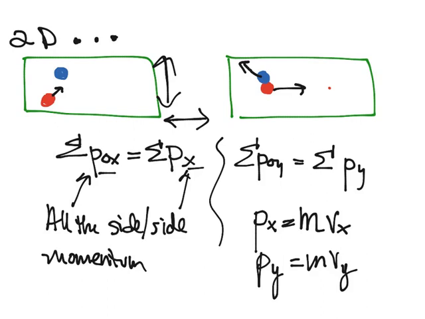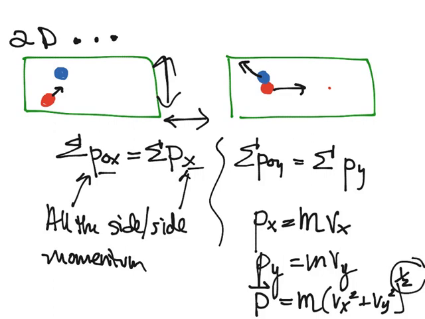Then the total momentum of a single object, which we draw with a little hat over its head because it's a vector, will be basically the hypotenuse of those two things. So that would be vx squared plus vy squared square rooted, or we could say to the 1/2 power.